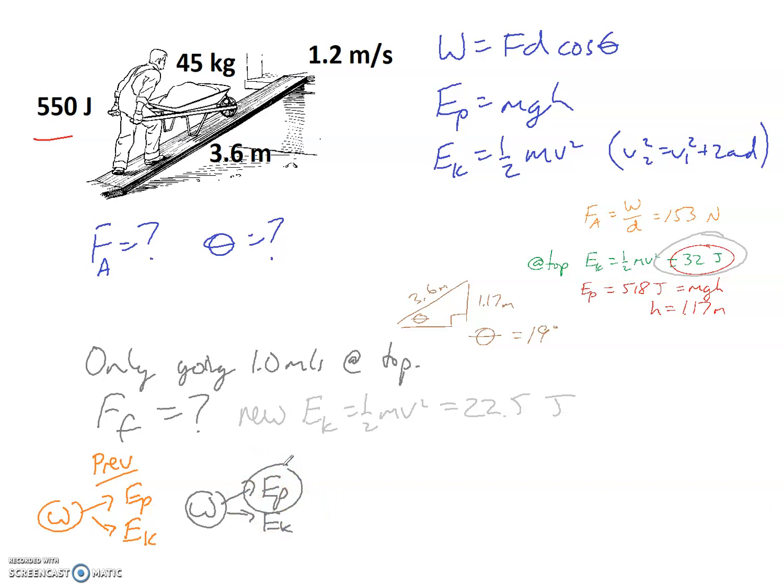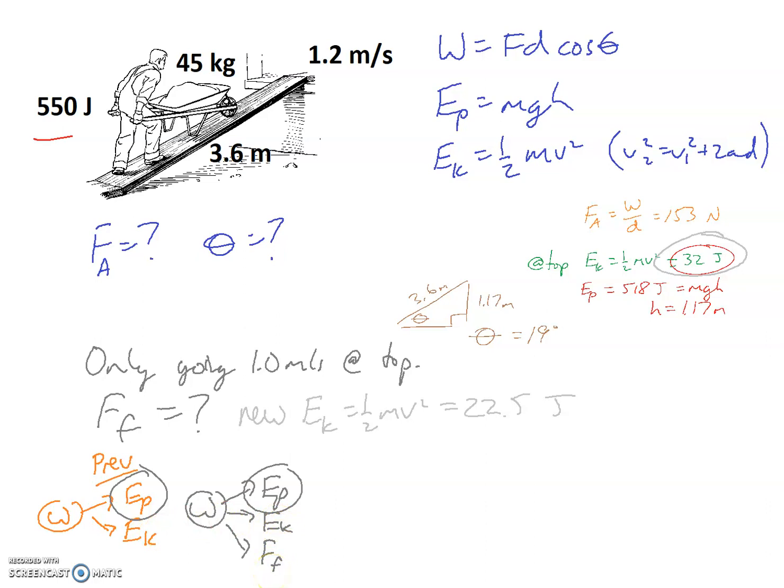This one has not changed at all, but the kinetic energy got smaller because some of it is actually going to the force of friction. So instead of being split 2 ways, now it's being split 3 ways. But the potential energies are the same. It's still the exact same height. We've just made that kinetic energy a little bit smaller, and some of that energy went to friction.